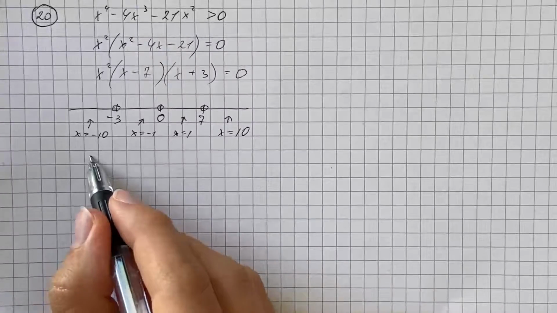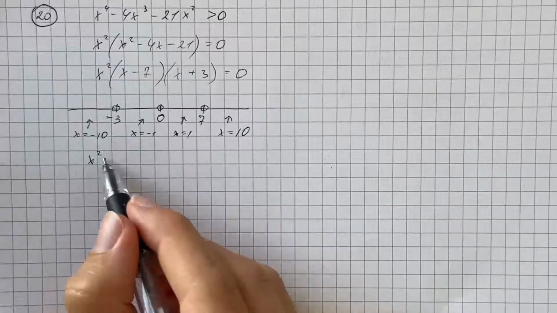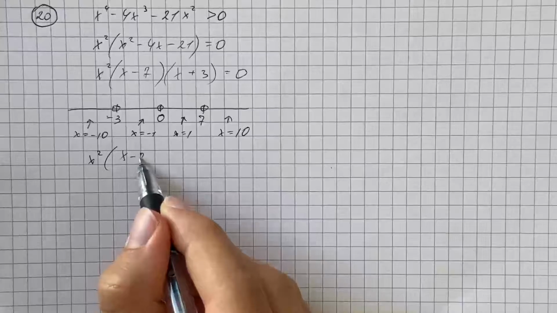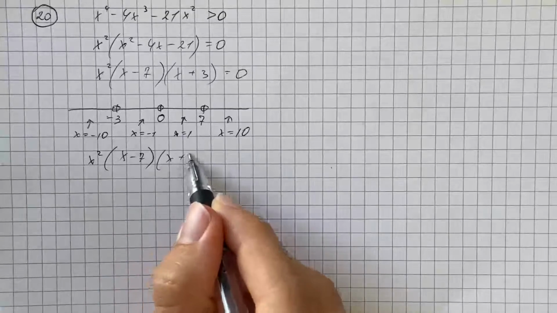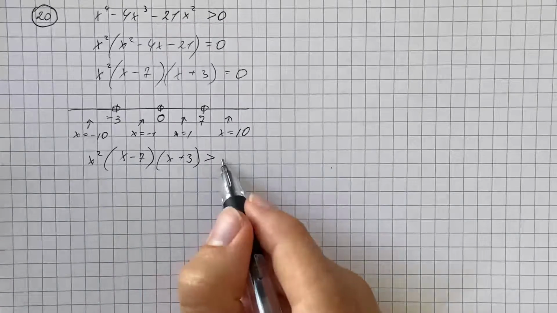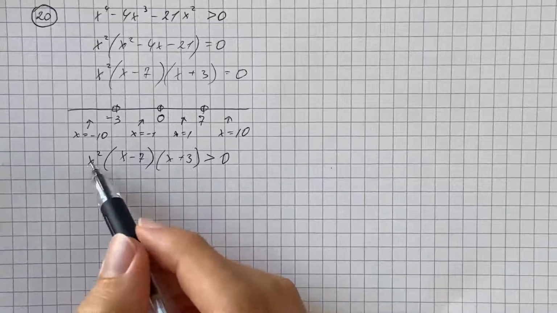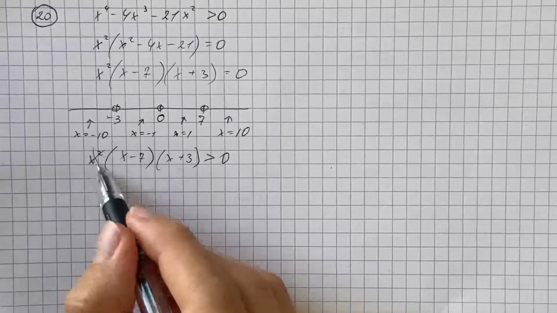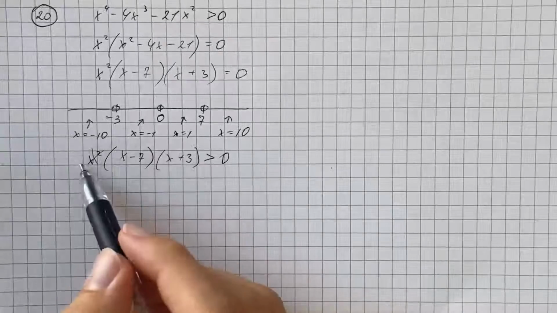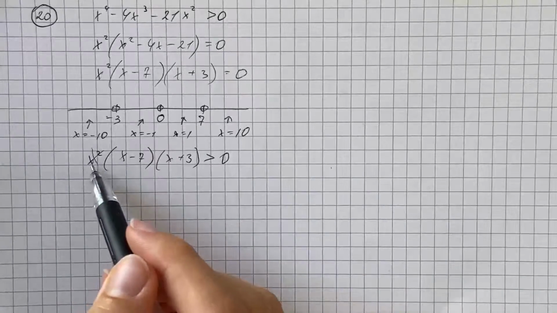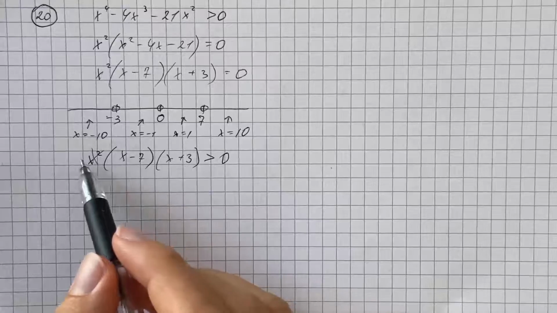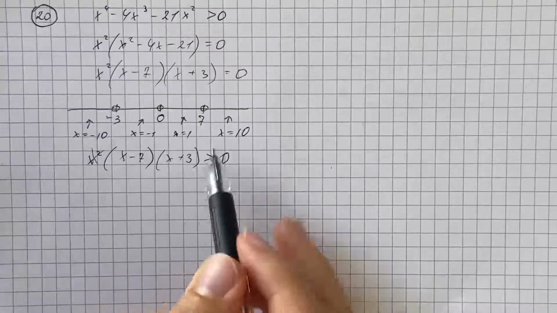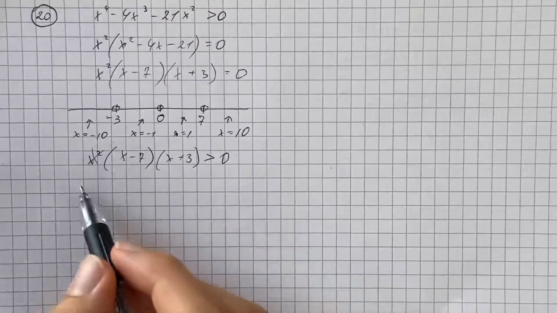So we're going to rewrite our inequality, which is x squared times (x minus 7) times (x plus 3) is strictly greater than 0. And we can get rid of the x squared term, as it will not change the sign because it's always positive. It's going to make it easier to calculate our inequality.